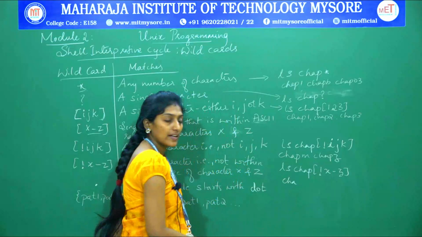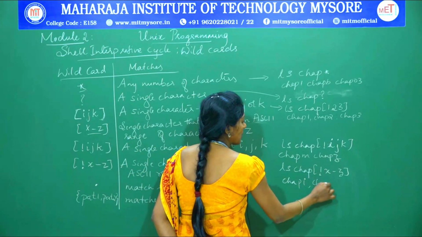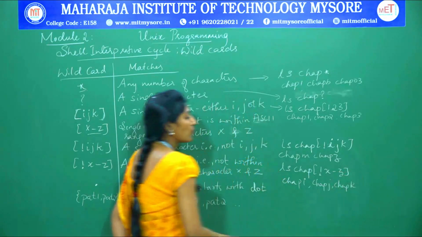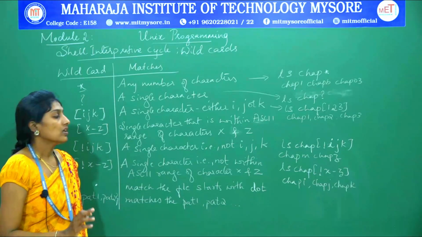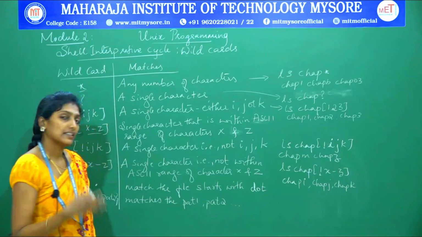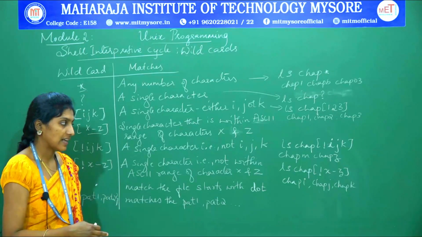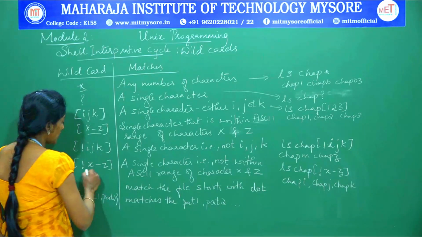Instead it is going to match chapter i, chapter j, chapter k, like this. So whatever range I have specified, it is not going to match that range. Instead the remaining range in that alphabetical character set will be matched.